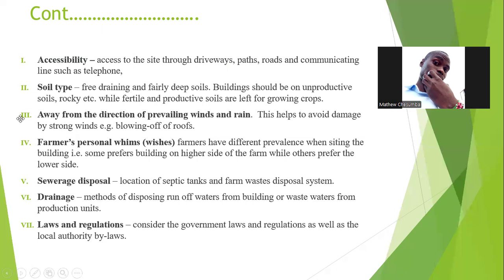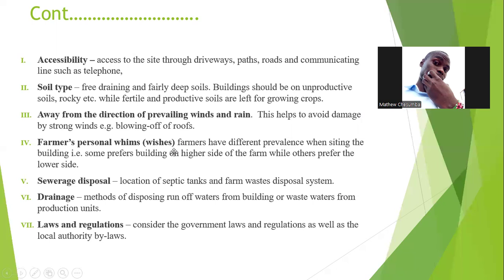And then the type of soil. We look for soil that is well drained and fairly deep, so that buildings are not on unproductive, rocky soil. We also look at being away from the direction of prevailing winds and rains. This helps to avoid damage by strong winds, so that they cannot blow off the roofs. Then we have farm personal wishes.